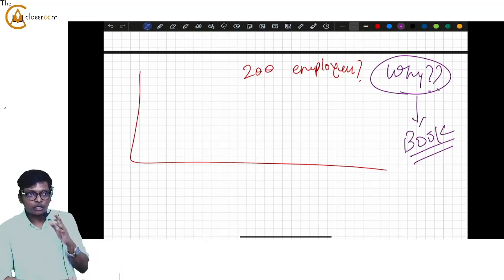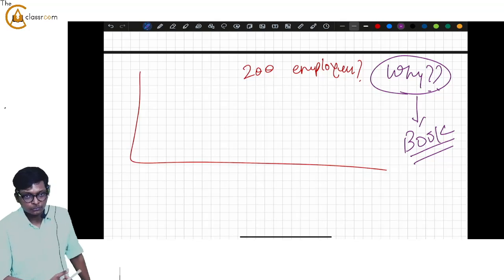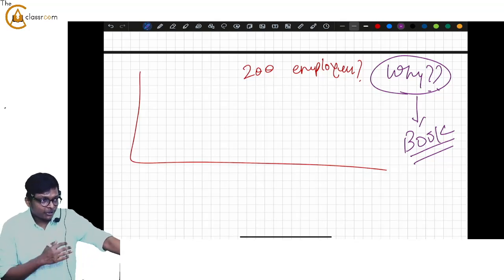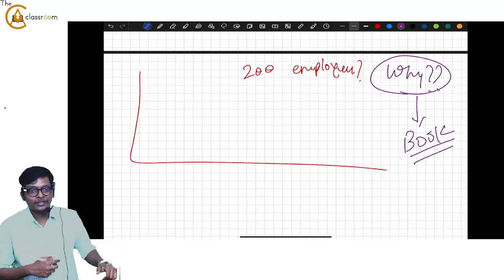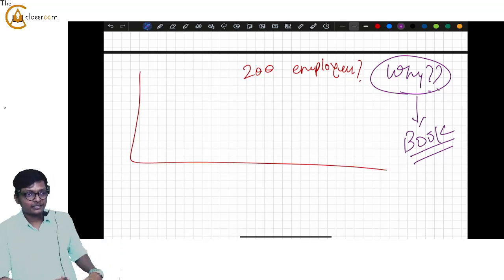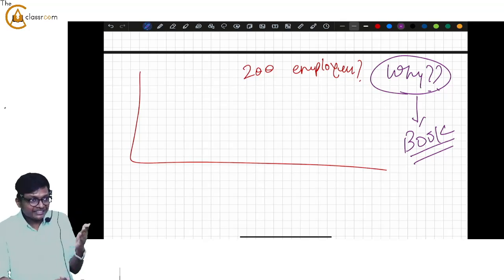Humans drafted it, so there will be a logic. For example, the Motor Vehicles Act tells that at a zebra crossing you have to slow down. Correct? At a red signal you have to stop. If you see a school sign board, you have to slow down. Why? You know the answer. People are going to cross. So slow down the bike. If you see a school sign board, you will slow down because there are kids. Correct? That means you understood the logic under the Motor Vehicles Act.